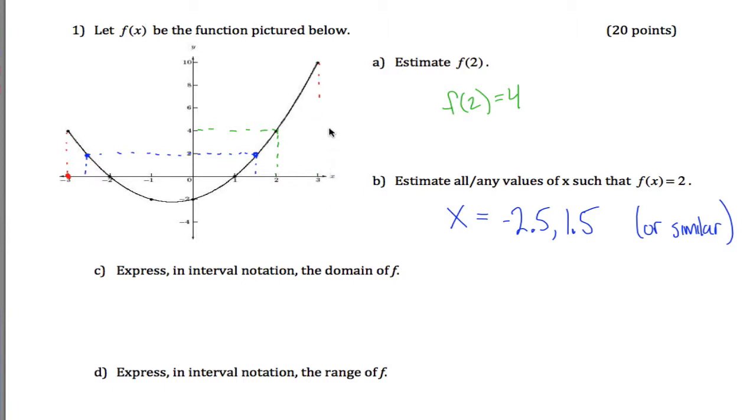Looks to me like the domain goes from -3 all the way to +3. So kind of all of this stuff. And it looks like we got closed circles on either end. So I would say it's everything from -3 to +3, and I would use brackets because I do want to include those 2 points.